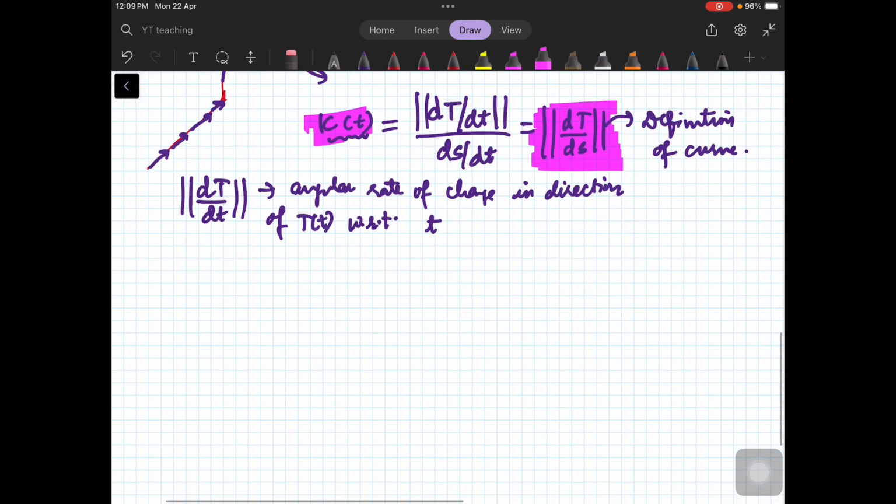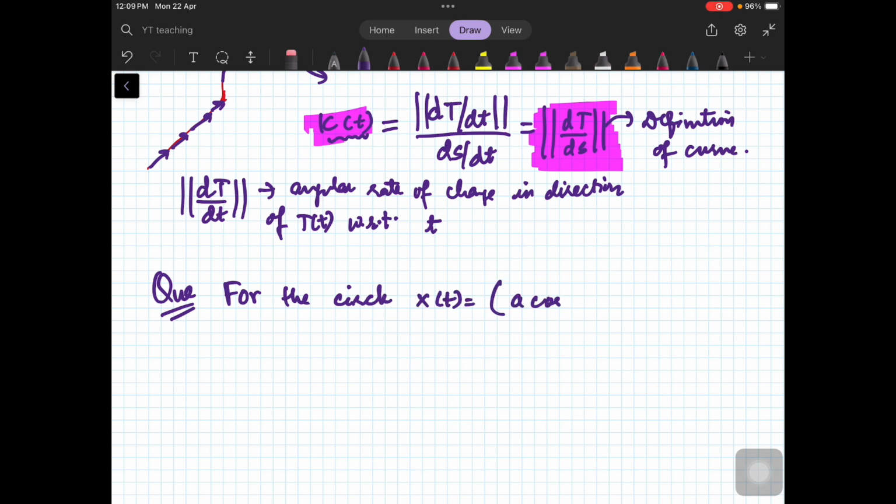So let us do one or two problems. Look at this problem. For the circle x(t) equal to (a cos t, a sin t), where 0 less than t less than 2 pi, find the curvature.